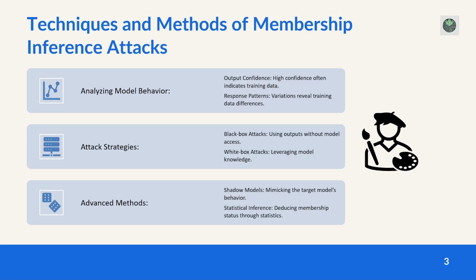Two main strategies include black box attacks, where only the model's outputs are observed, and white box attacks, where the attacker has access to the internal workings of the model. More advanced methods include shadow models, which are replicas that behave like the target model to better understand its responses, and statistical inference, which leverages the data's patterns to determine membership status.